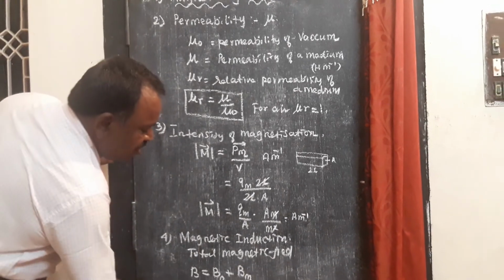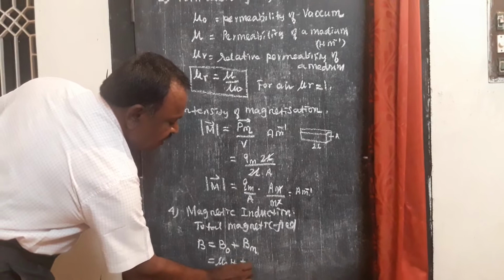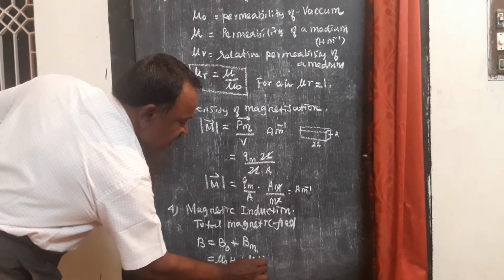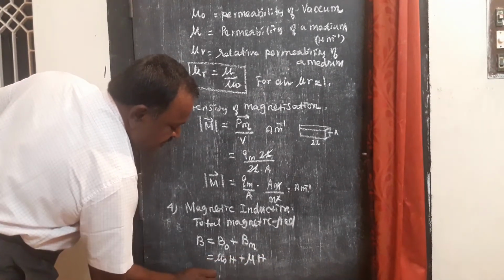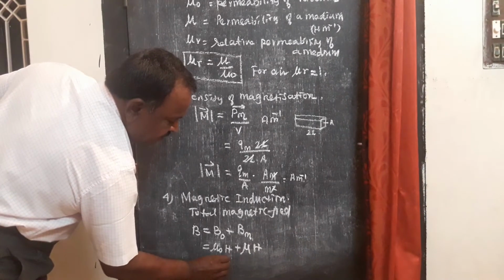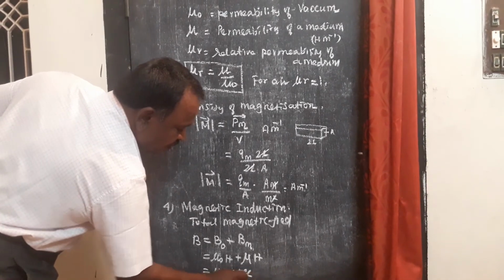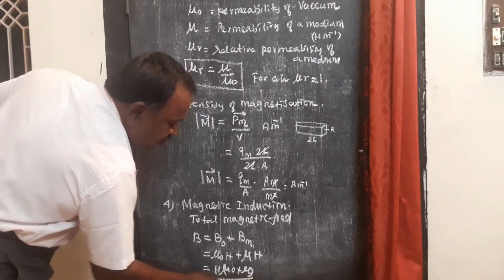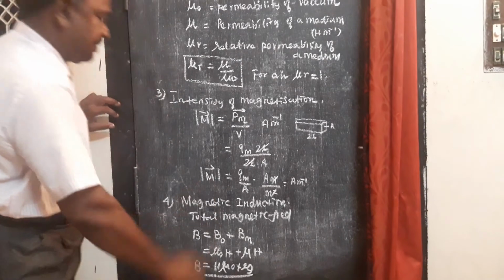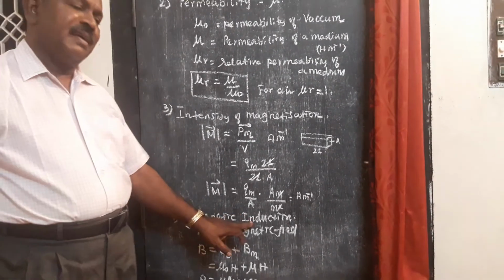So this B is given by mu naught into H plus mu into H. H is taken common, so you will have mu naught plus mu. This is the total magnetic field, which is nothing but magnetic induction.